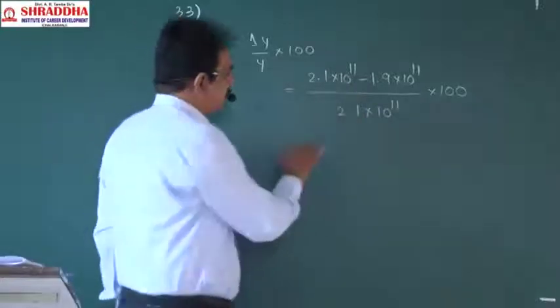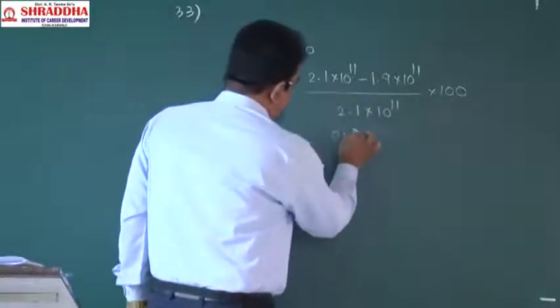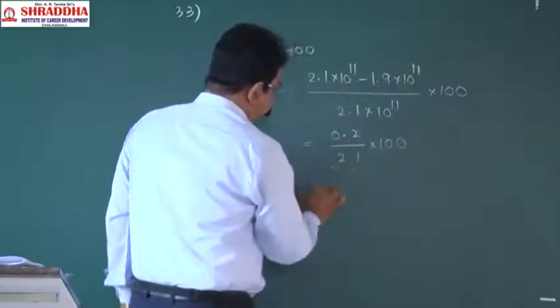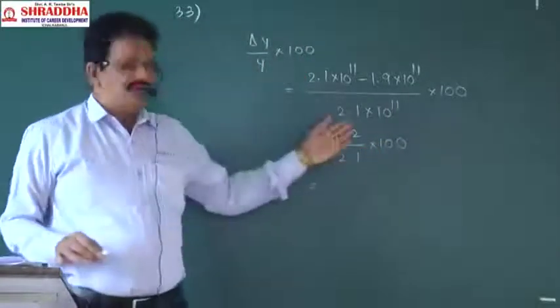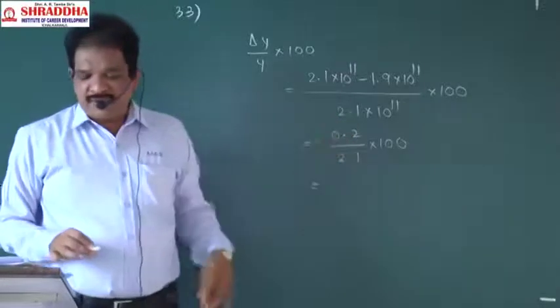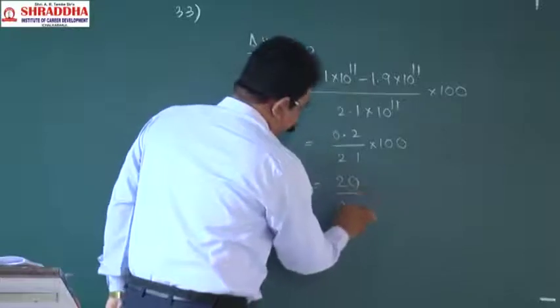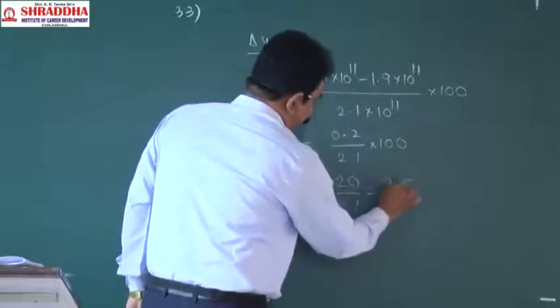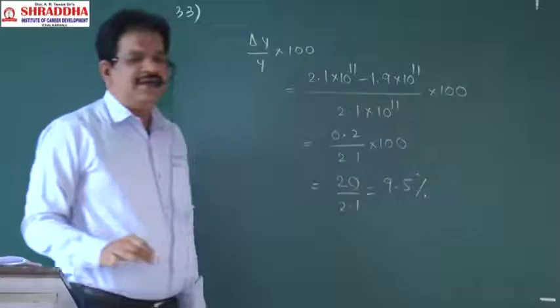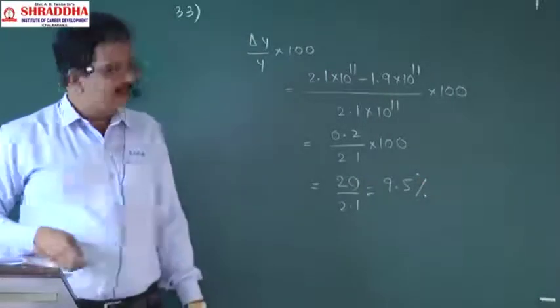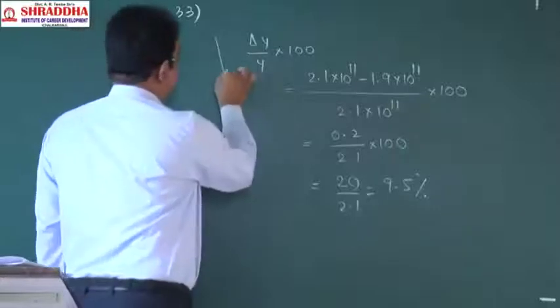So this value is 0.2 by 2.1 into 100. So this is 20 by 2.1. So this value approximately 9.5% we will get here. So 33 it will be B.